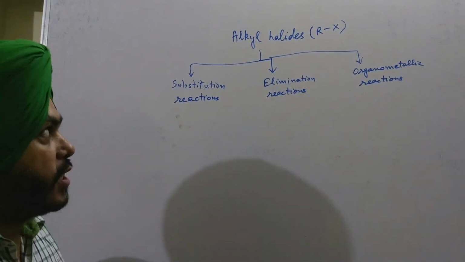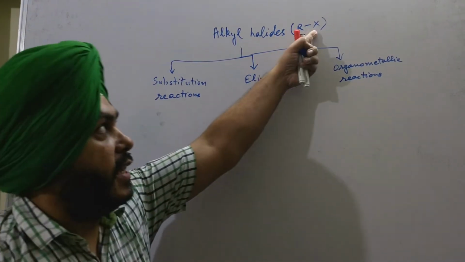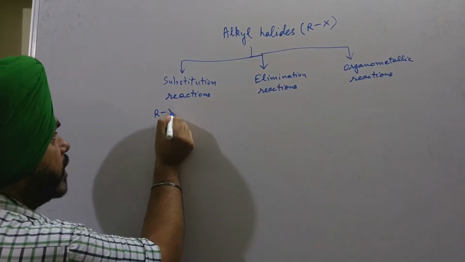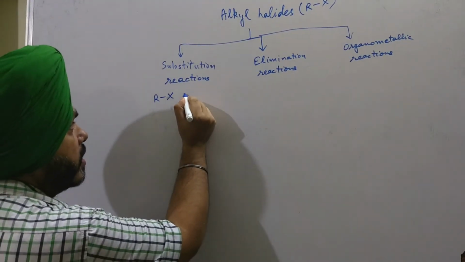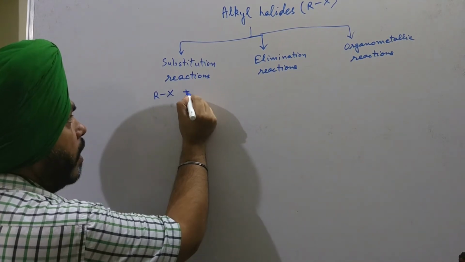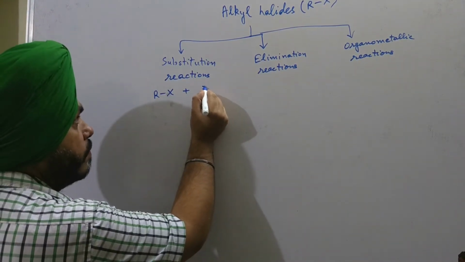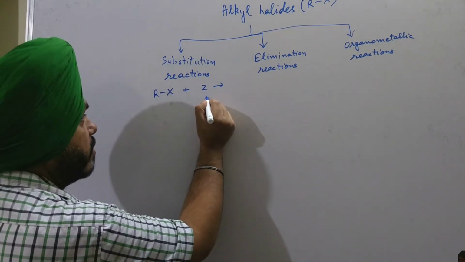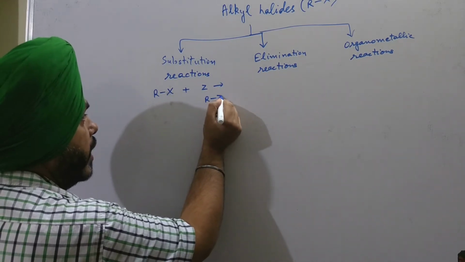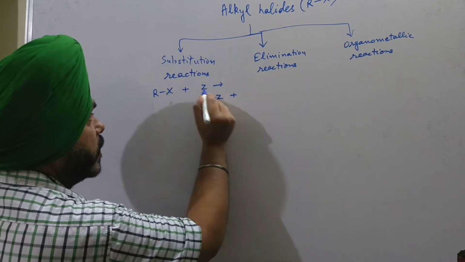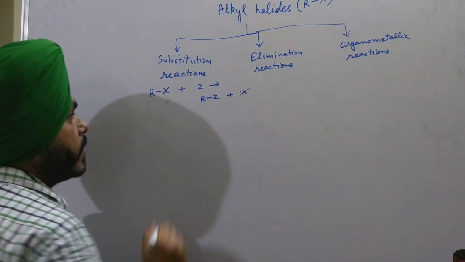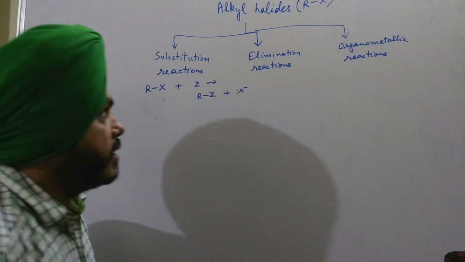So their name is alkyl halide. In substitution reactions, the halogen atom is replaced by a certain substituent, which I have labeled as Z, and the halogen atom leaves the alkyl halide.